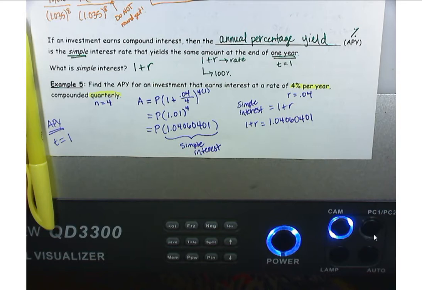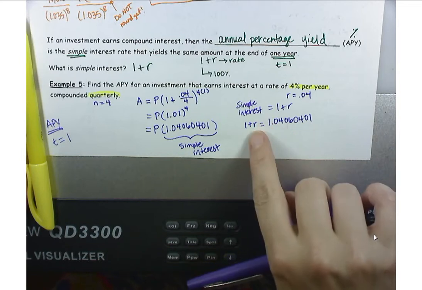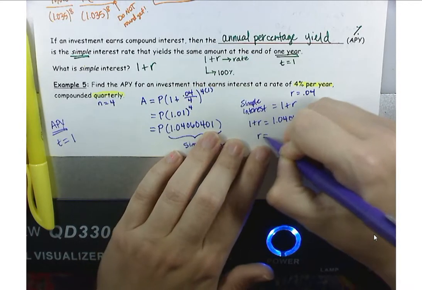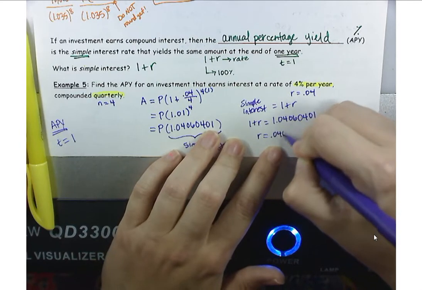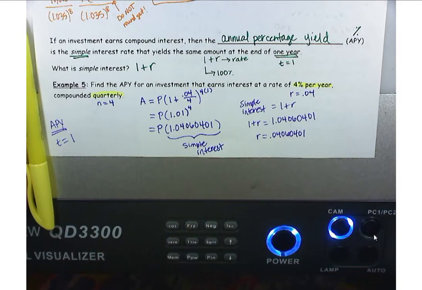Okay, and then your rate would be what? Yeah, 4 point something, right? Okay, because what could I do to both sides? Subtract 1. So if I subtracted 1 from both sides, I would get my rate is 0.04060401. And then what would I want to do to that to convert it to a percentage?